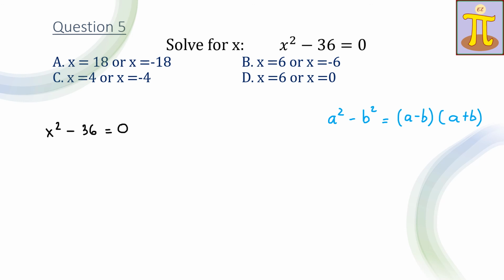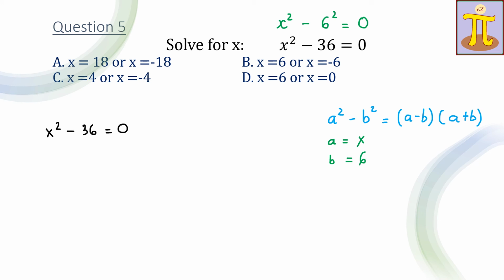It looks like our question, so we will change this one into x squared minus 6 squared, since 6 squared is 36, equals 0. So our a in this case equals x and b equals 6.